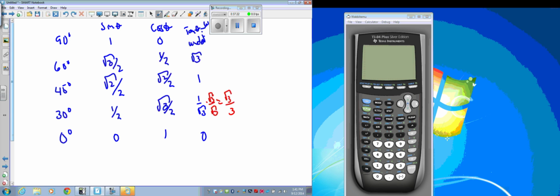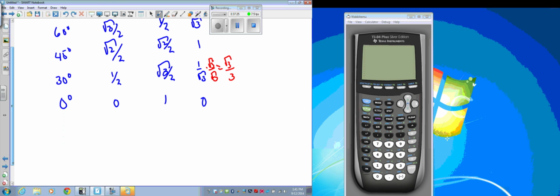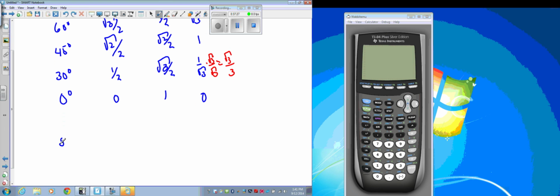And then the identity, see if you go sine squared 60 degrees plus cosine squared 60 degrees. Remember that sine squared plus cosine squared is got to equal 1. So that better be true, right? So the sine is the square root of 3 over 2, and we square it.